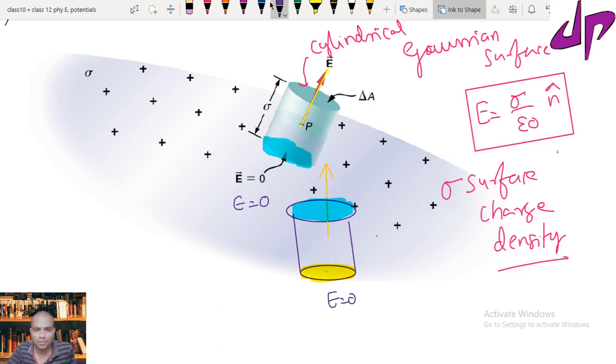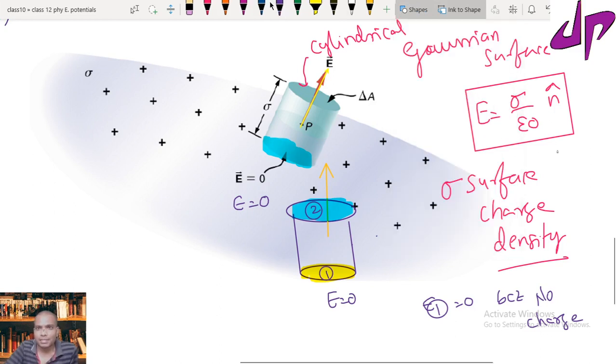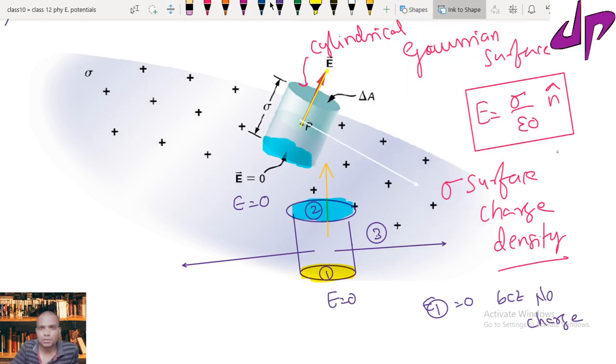If you name them, surface 1 and surface 2: the electric field from surface 1 is equal to 0 because there is no charge. Now take the curved surface 3 and curved surface 4, the curved surfaces on this side and the other side.